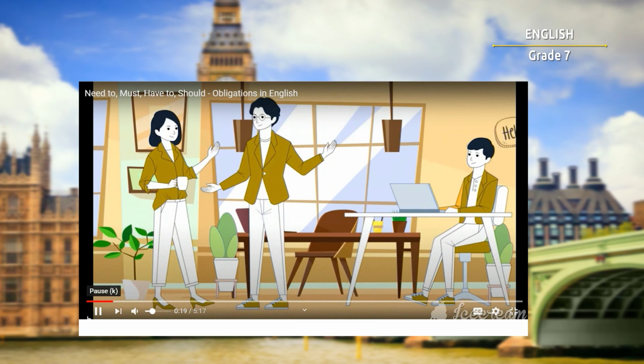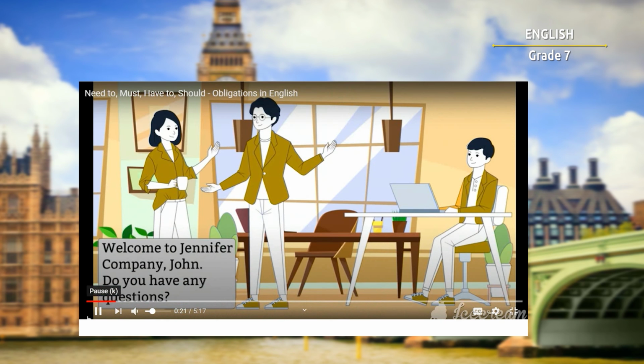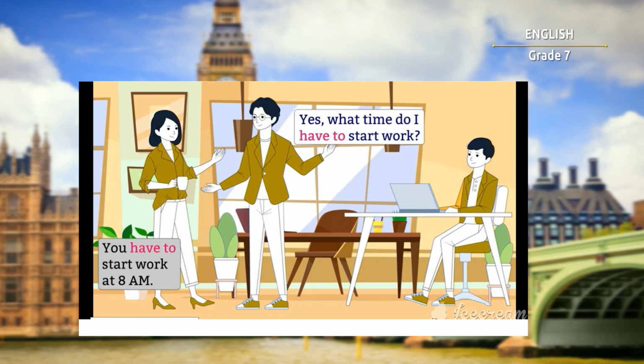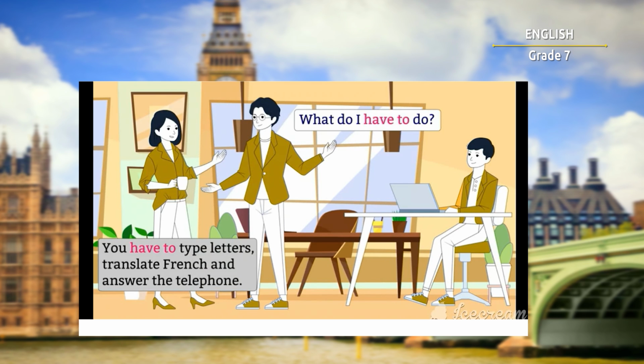Welcome to Jennifer Company, John. Do you have any questions? Yes, what time do I have to start work? You have to start work at 8 a.m. What do I have to do? You have to type letters, translate French, and answer the telephone. Do I have to wear a uniform?